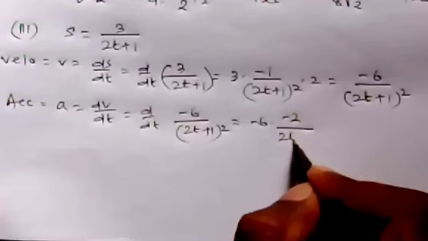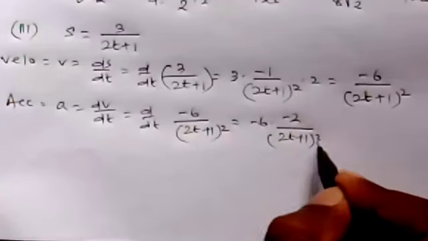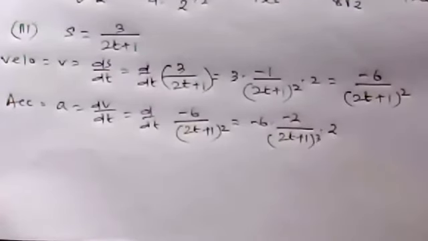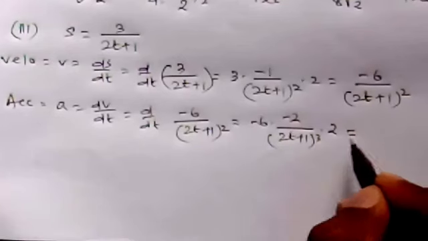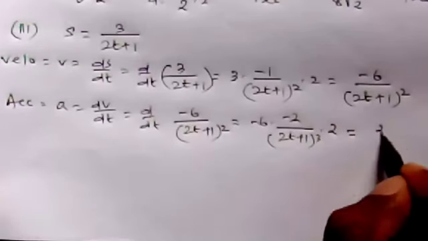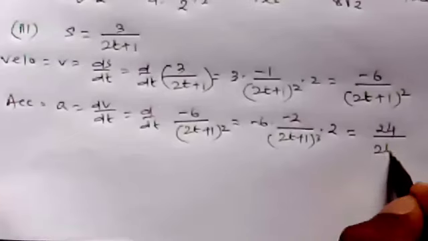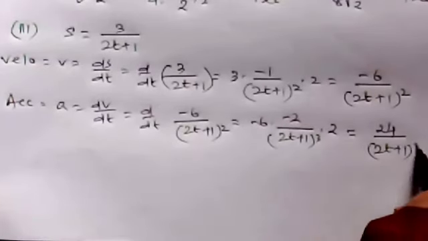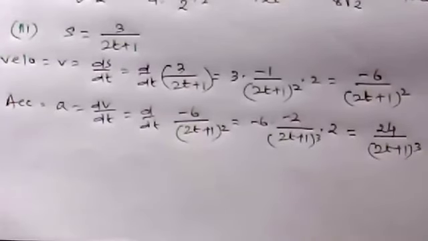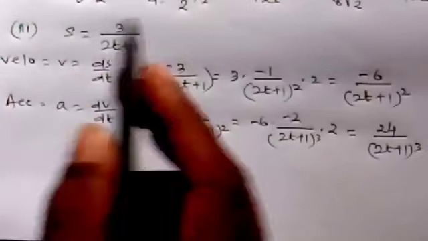So this is (2t+1) cubed into the derivative of 2t+1, which is 2. So 6 times 2 is 12, times 2 is 24, and it's 24/(2t+1) to the power 3.